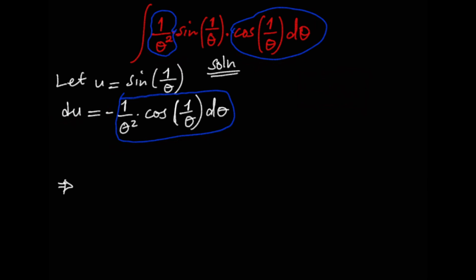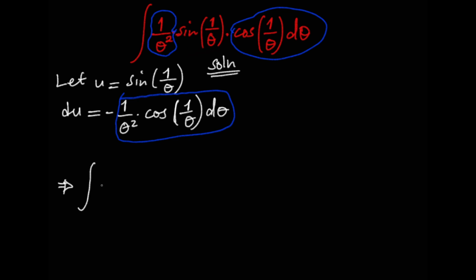Let's do that. Then we are going to have the integral of what? The sine 1 divided by theta hasn't gone anywhere, but because we said let u be equal to sine 1 divided by theta, instead of sine 1 over theta we are going to write u.